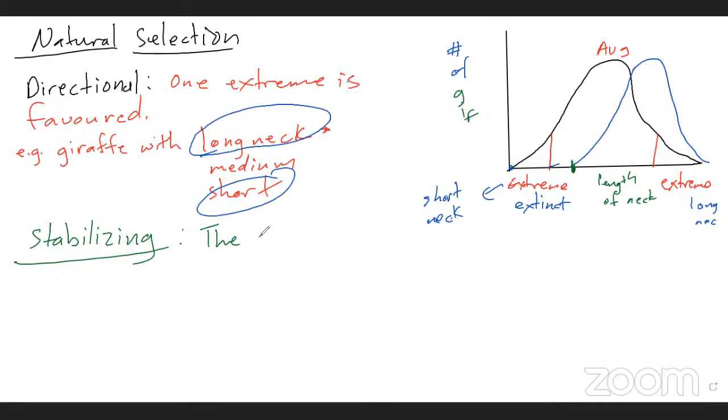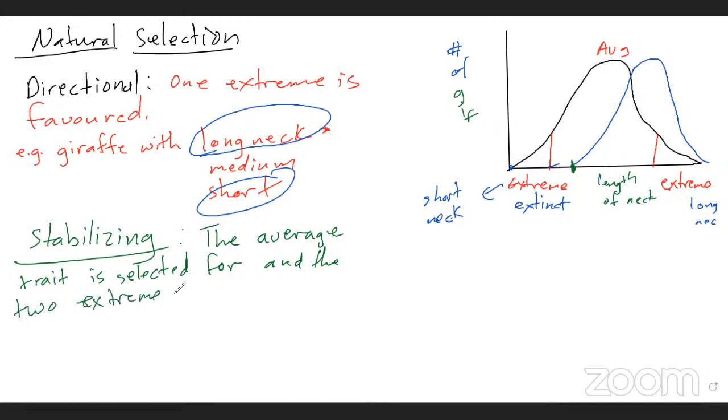I'm going to put the average trait is selected for, and the two extremes are selected against.